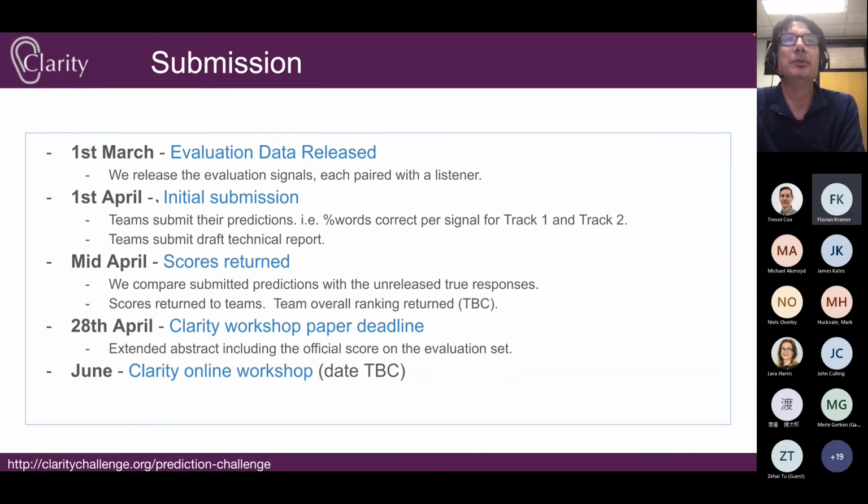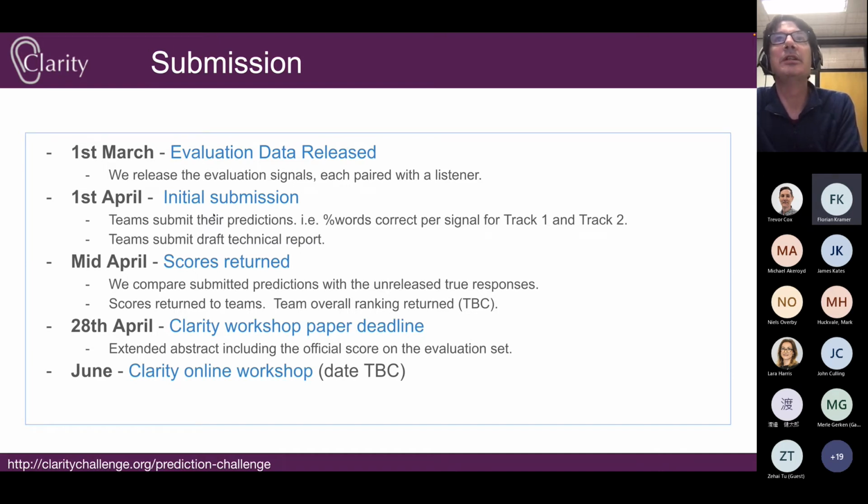Then on the 1st of April, we'll have an initial submission. So at that point, teams are asked to submit their predictions. So you'll be submitting your percent words correct per signal for both track 1 and track 2. And at that point too, we ask people to submit a draft technical report. We give this a light review to make sure that your system obeys the rules of the challenge.